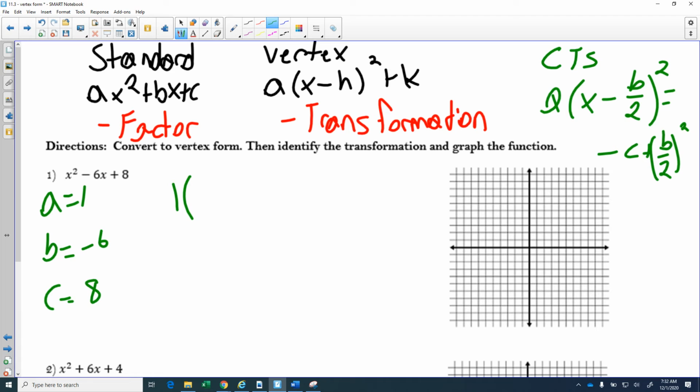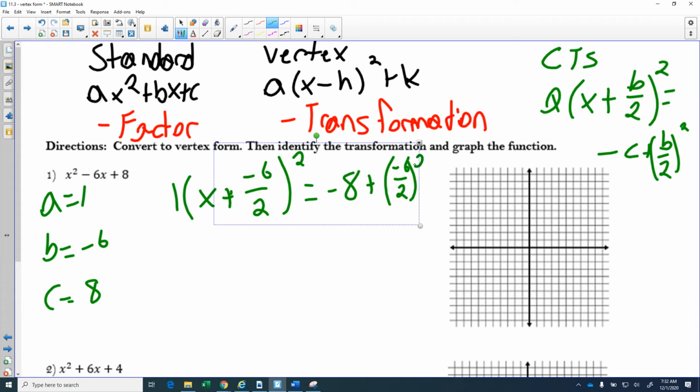This would be 1 times (x plus negative 6 over 2) squared, which is equal to negative 8 plus (negative 6 over 2) squared.